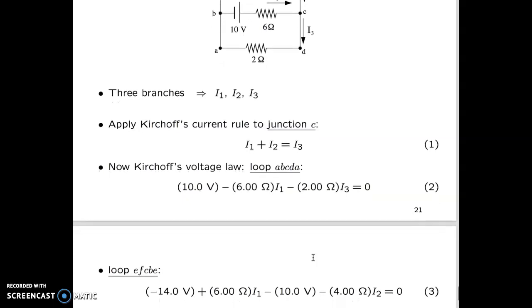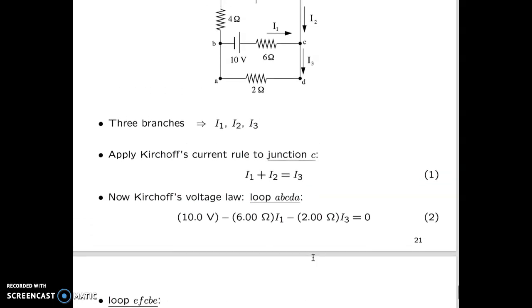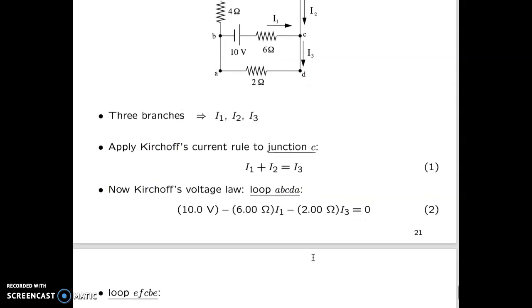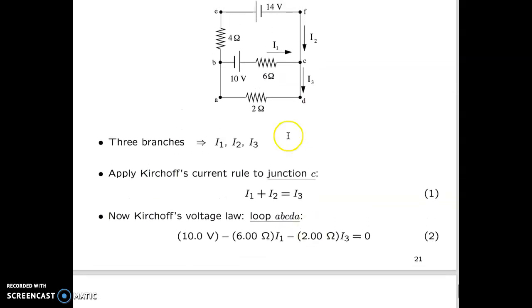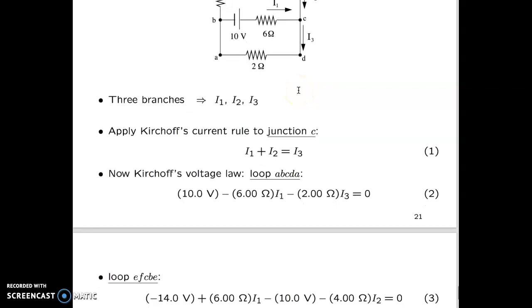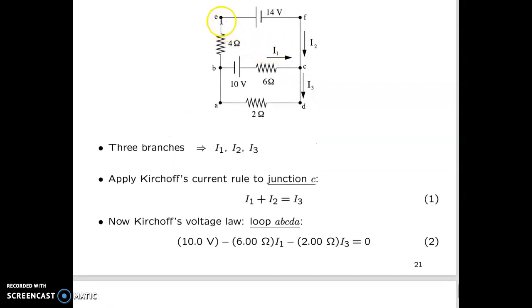Okay. Lastly, I can't quite fit this all at the same time. If we go E, F, C, B, E, so we're going to walk around this loop.